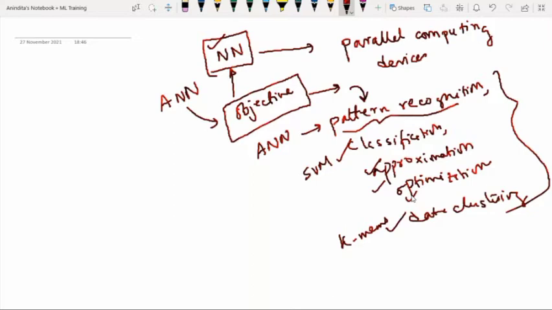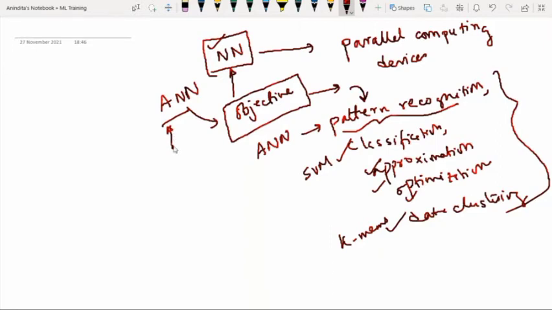Now, as per our discussion up till now, we can say that it is an efficient computing system. And I have already explained that the central theme of ANN design is borrowed from biological neural networks.